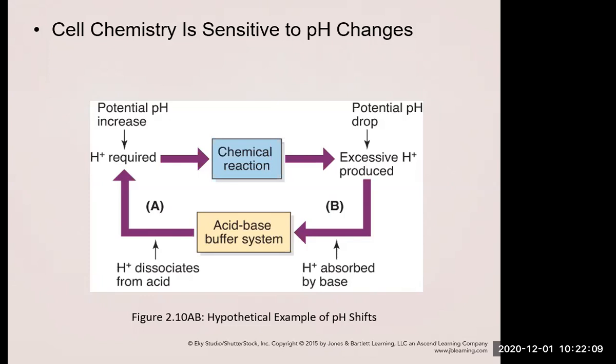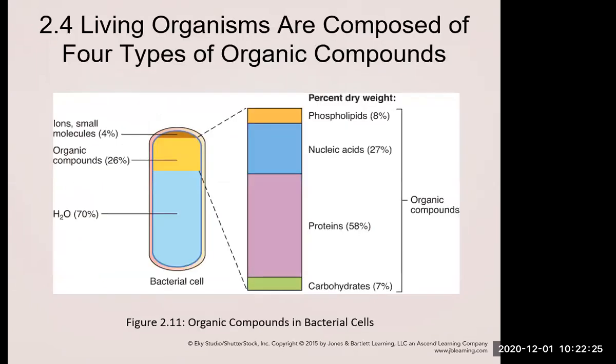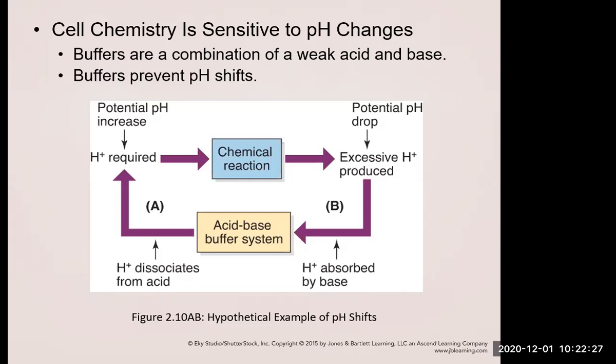The base in the buffer will accept those and help keep the pH relatively stable. That's not to say that it won't change, but it won't change wildly. So yeah, what you should know is that buffers are used to prevent large shifts in pH that result from chemical reactions.